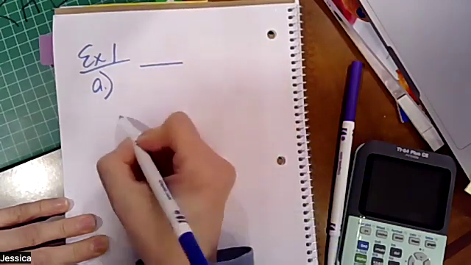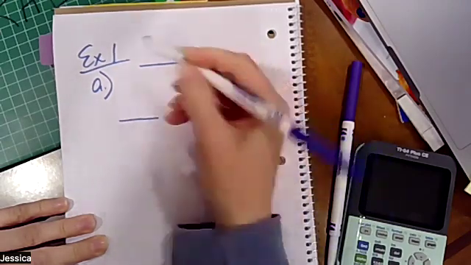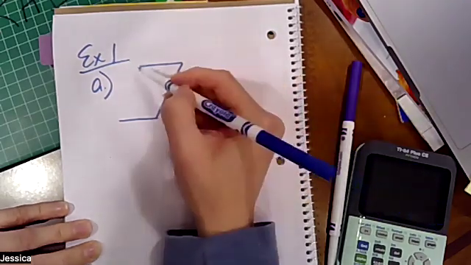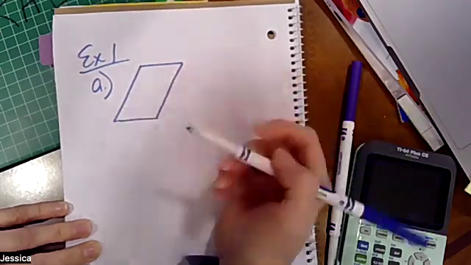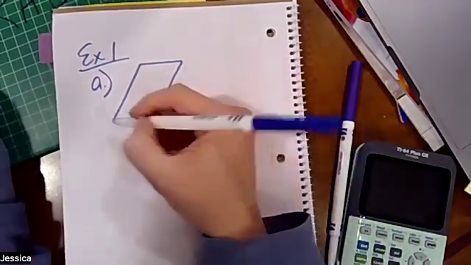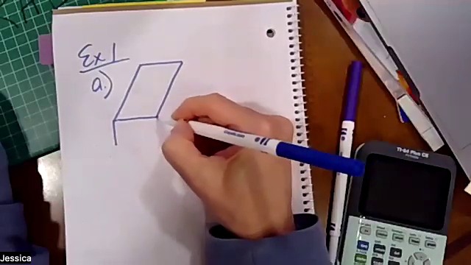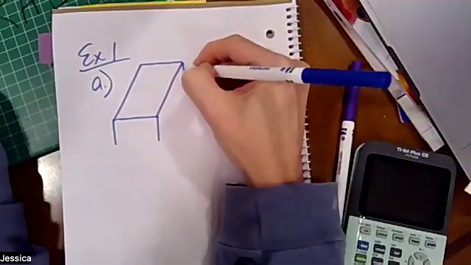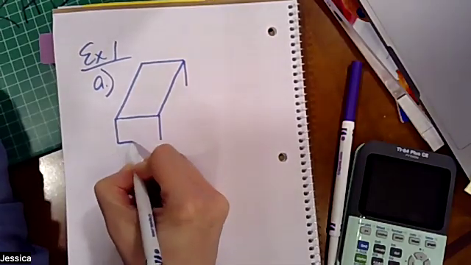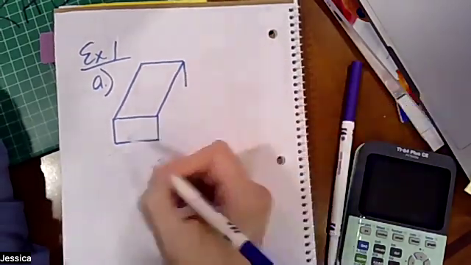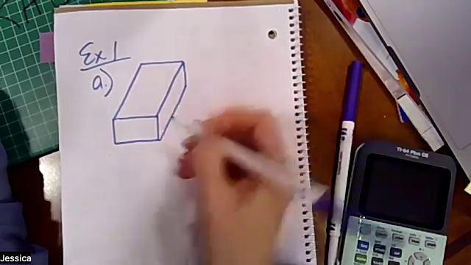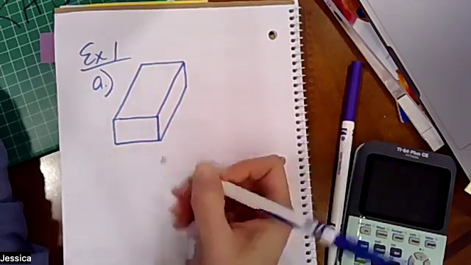Just go ahead and get more comfortable with this stuff. So there's going to be the top of our prism, and then draw several short segments down like this, and then connect across the bottom and connect over here on the side. Now this almost looks like a shoebox, but it still classifies as a prism.